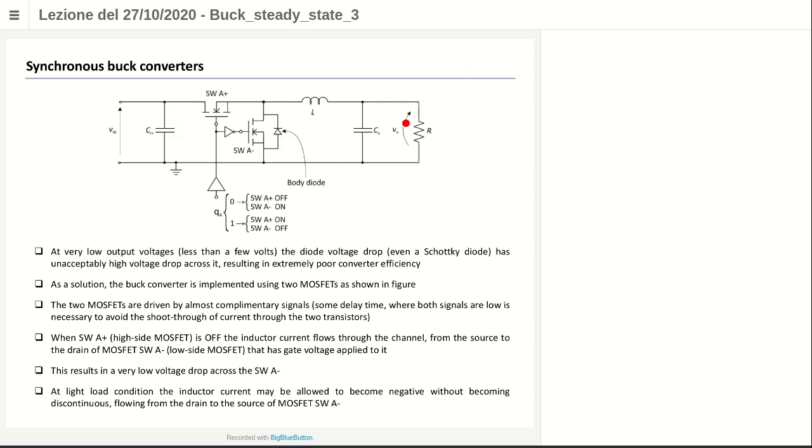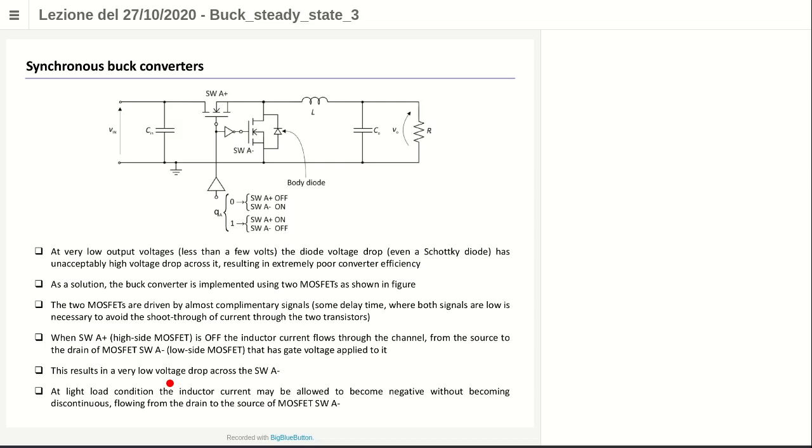So you can have V0 of 1 volt, for example, and the current can be quite huge, because depending on the dynamic operation inside the microprocessor you sometimes have to manage hundreds of amperes for a very short time. So look at what happens if you have V0 which is very low, let's say 1 volt, and you have a diode here as a freewheeling diode, like in the classical topology of the buck converter. What happens? Suppose that you use a Schottky diode. A Schottky diode can have, let's say, 0.5 volts of voltage drop.